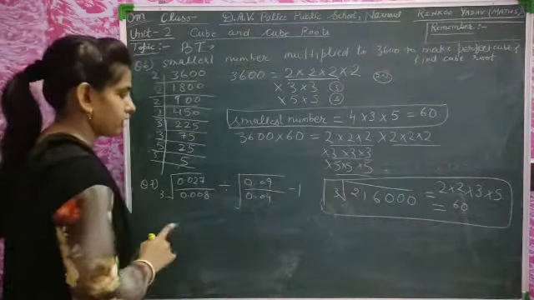Cancel here, 3 by 8, and that equals 3 by 8 divided by 3 by 2, and minus 1.